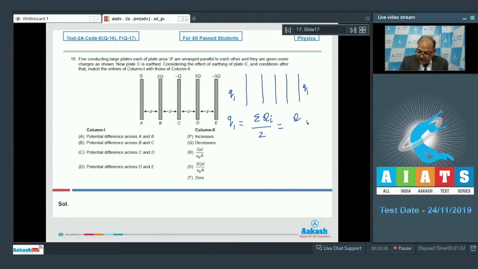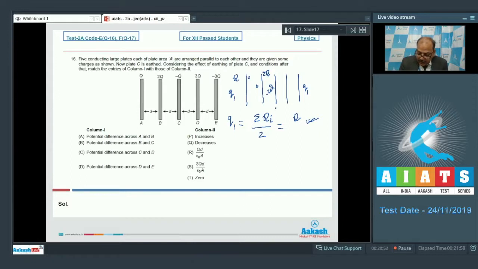So with that, we can show the charge distribution easily. Here it is then Q. Here it will be 0. This of course is before earthing of plate C. And here also it will be 0 and then here it is 2Q. Then here it's going to be minus 2Q.